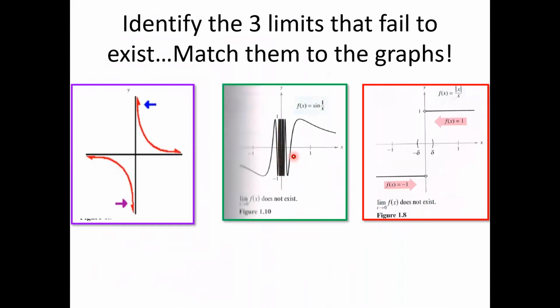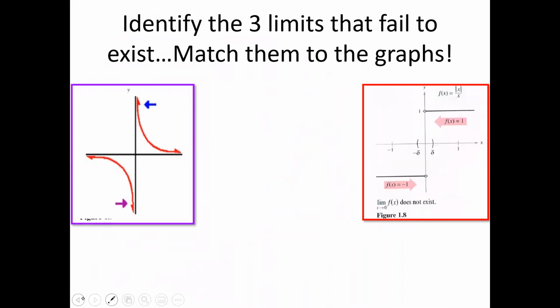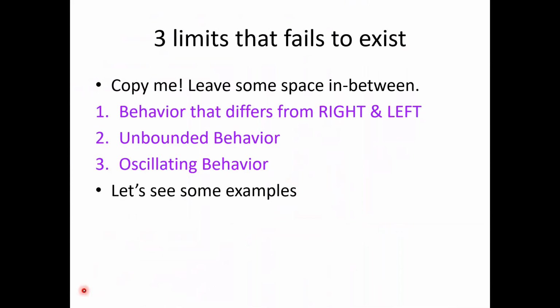Second one, if you take a look at this one here, as I'm getting closer to 0, you see how it jumps up to 1, so my y value is 1. But as I get even closer to 0, it all of a sudden plunges down to negative 1, and it continues in this pattern. Therefore, this one is oscillating behavior because it is going up and down, up and down.